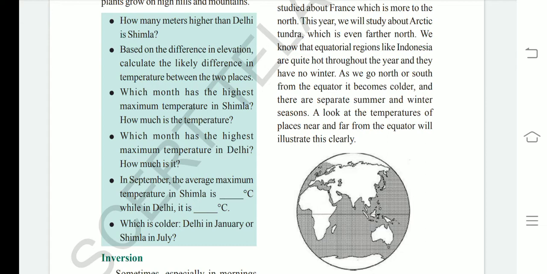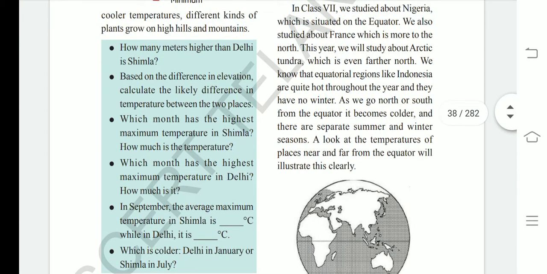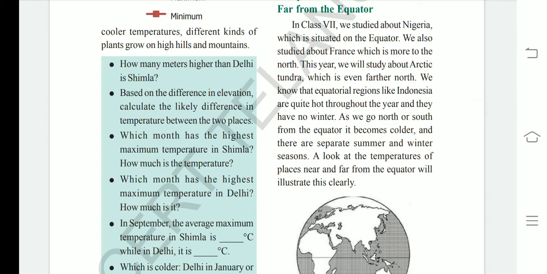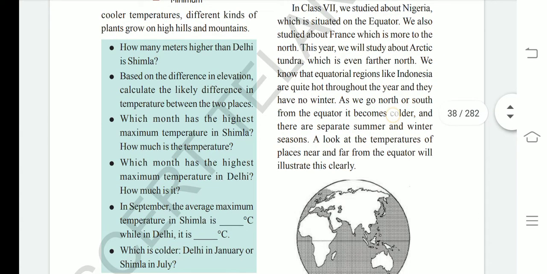So Simla records lower temperatures than Delhi. The second factor is height, right? And the third factor we have seen is that places near the equator will experience higher temperatures than the places far from the equator. This we completed just now, taking the example of Vladivostok, Shanghai, and Singapore, right?